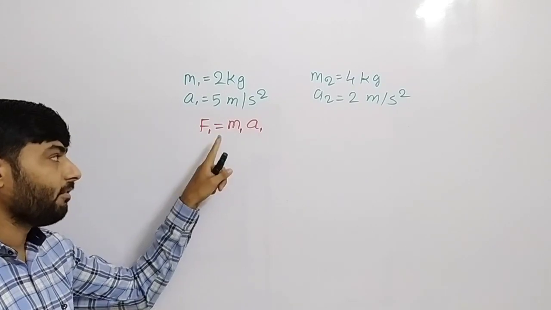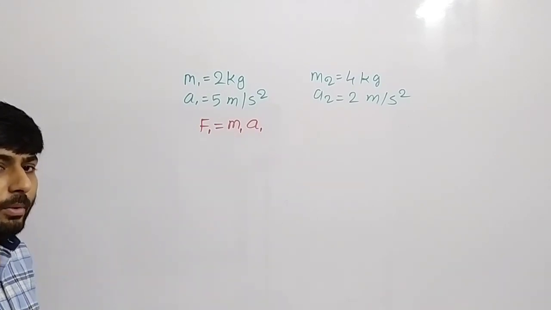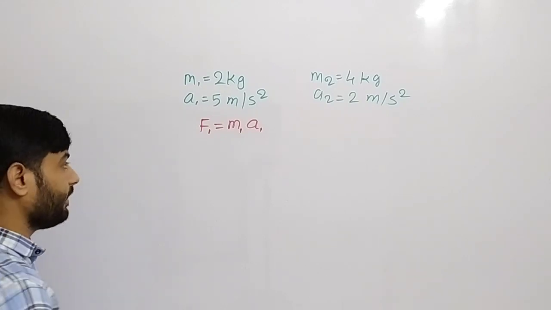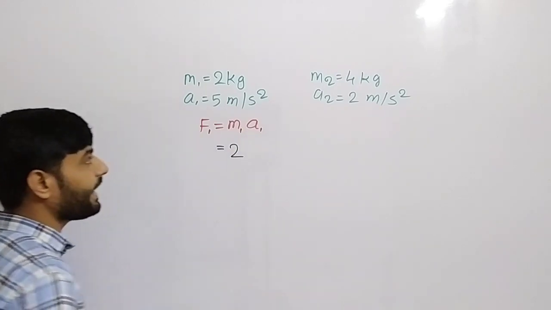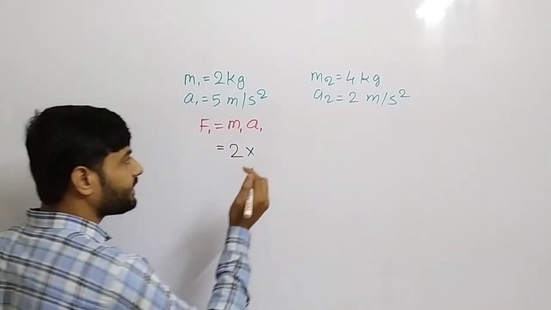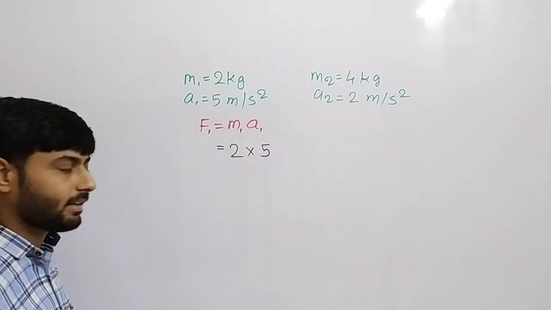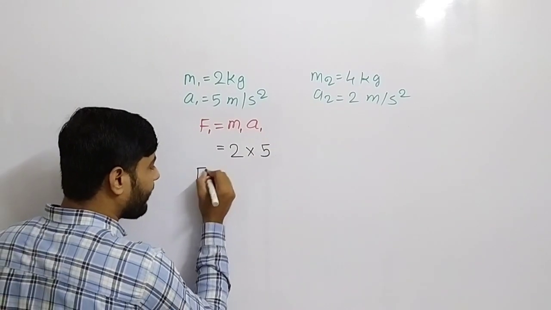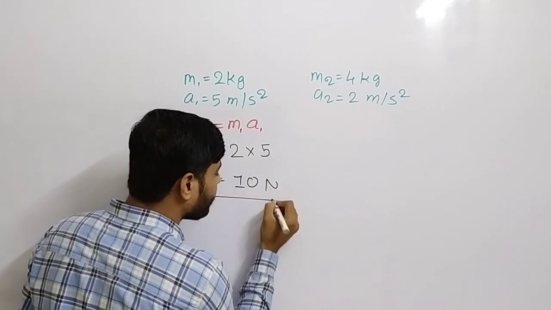So I put F1 is equal to m1 a1. Now put the values of the relevant quantities. I have a mass of 2 kg in the first case, and I want to give an acceleration of 5 meter per second square. So I got F1 is equal to 10 Newton.